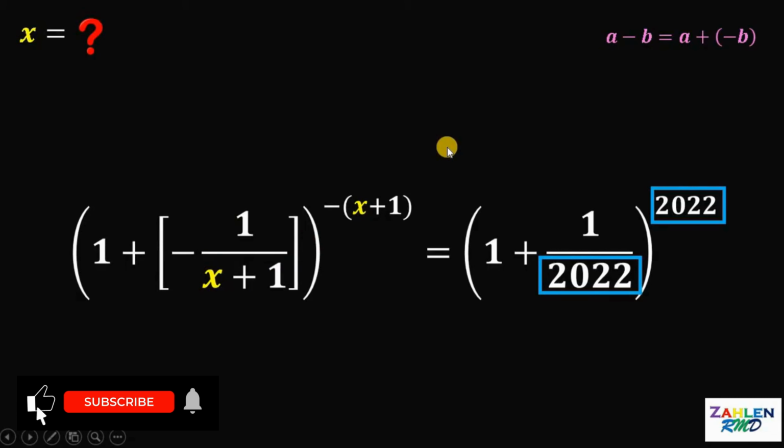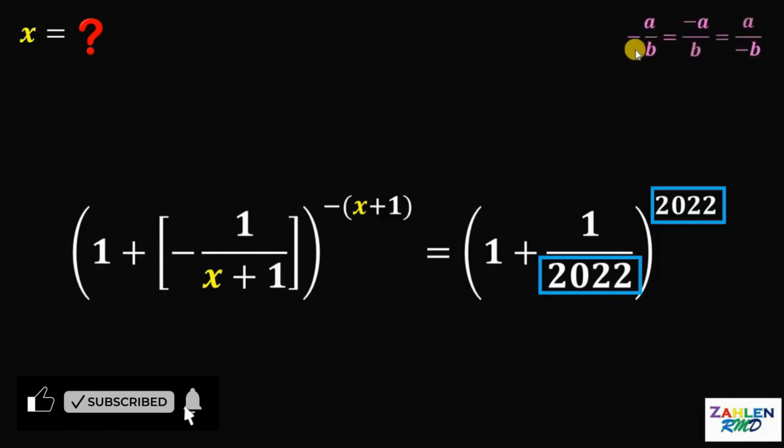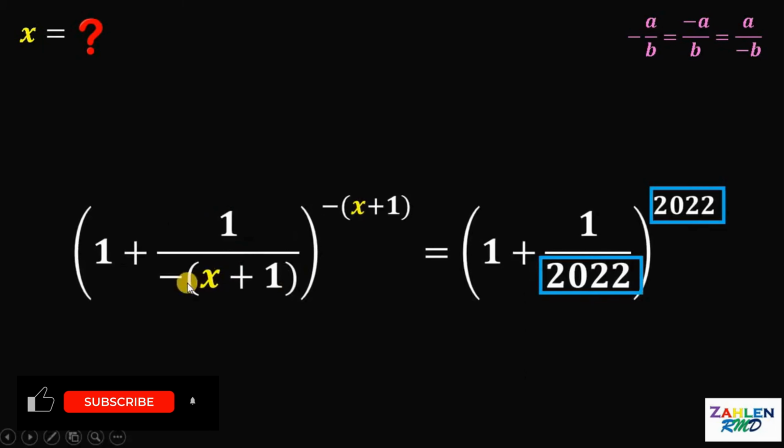Now, another thing to remember is if we have negative a over b, it is equivalent to negative a over b or a over negative b. So we will choose the last one. Therefore, negative 1 over x plus 1 can be written as 1 over negative (x+1).